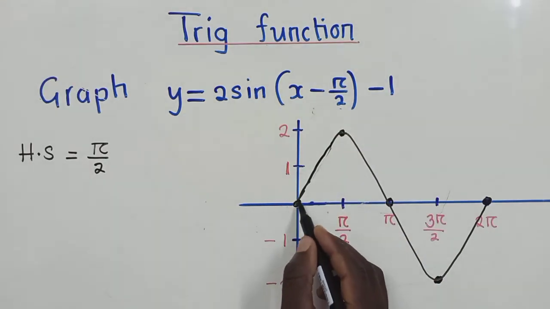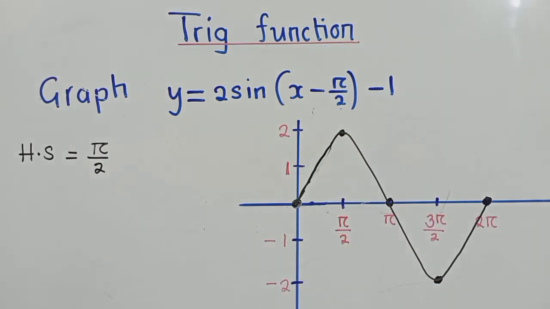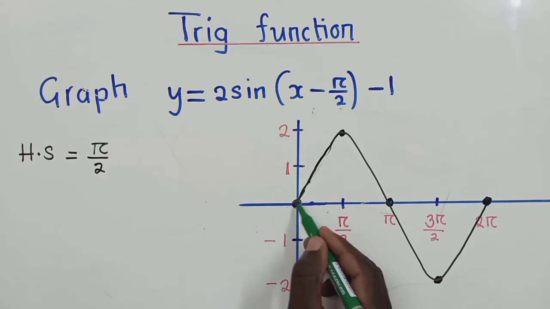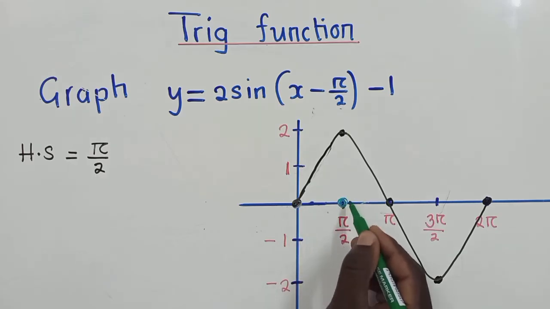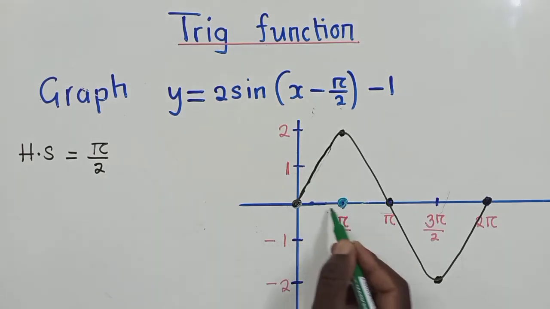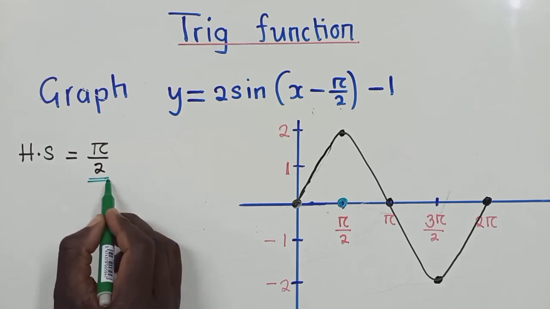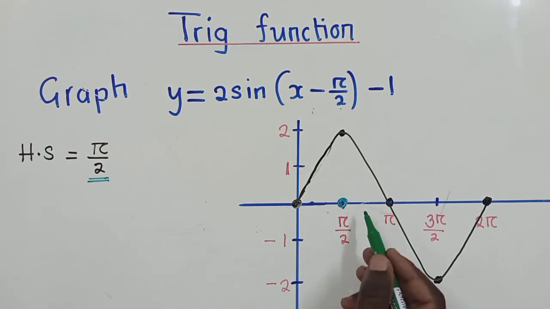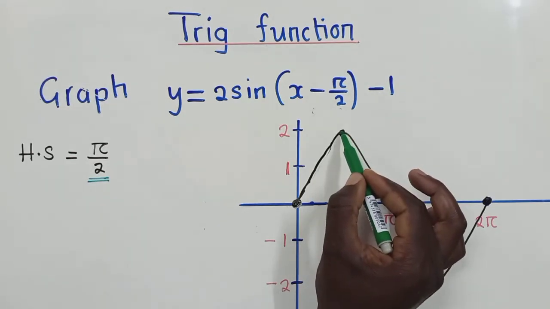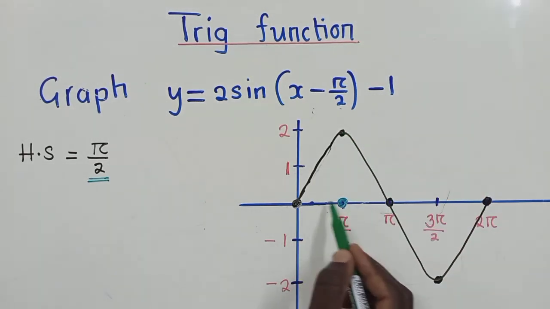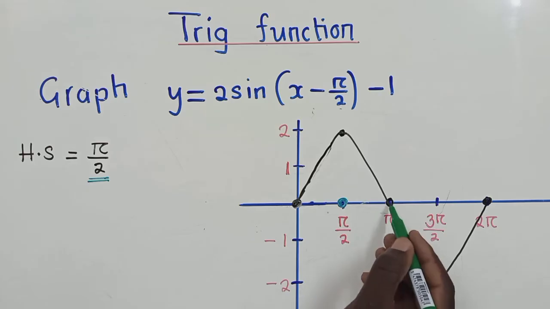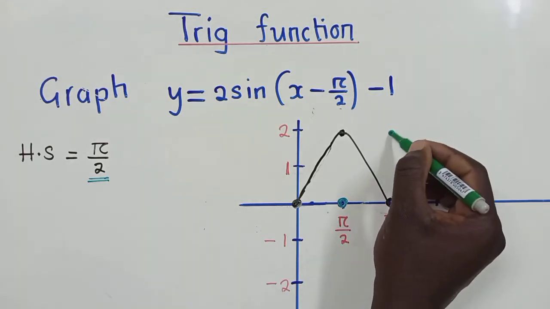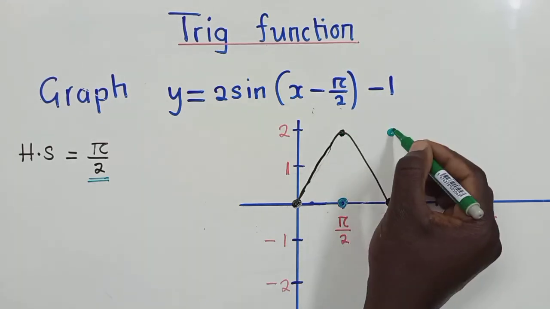So meaning this point will move from here, right here where it is, to this point. Remember this is pi over 2. So this point will go to where pi over 2 is, to the right side. This point will cover the same distance going to the right side. So it will come from here to here.